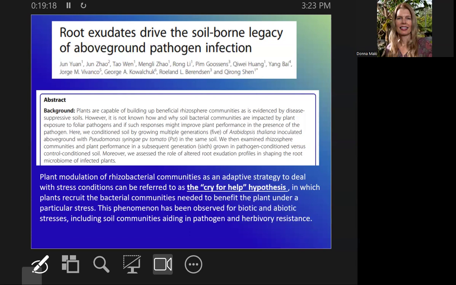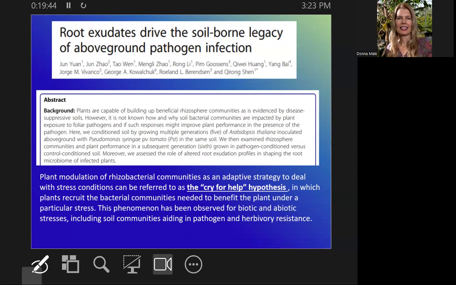What they did was condition soil by growing multiple generations, 5 generations of Arabidopsis, the guinea pig plant, and inoculating it on purpose with Pseudomonas. They did that 5 times in these pots of soil, and then looked at the microbes that were there, the rhizobiome.